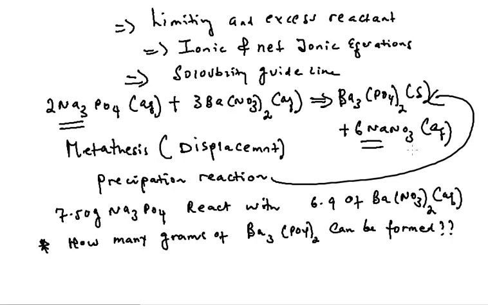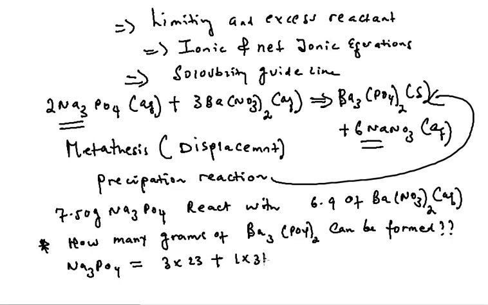So now we're going to compare the mass of the reactants. The molar mass of sodium phosphate will be compared with the mass of barium nitrate. That way this will help us to determine which one would be our limiting reactant. So let's calculate the molar mass of sodium phosphate. The molar mass of sodium phosphate would be the mass of sodium times 3, which is 3 times 23.